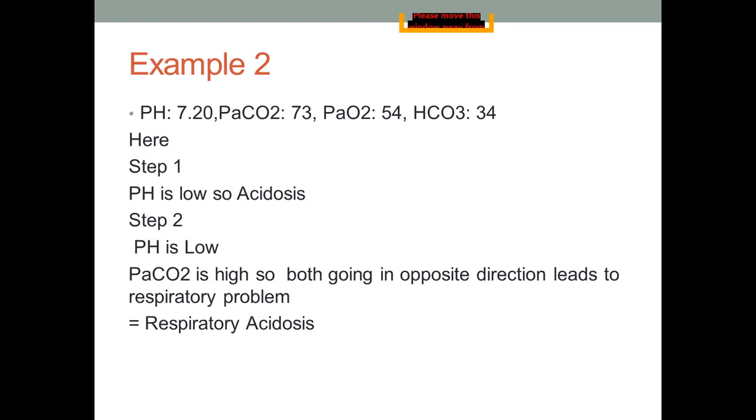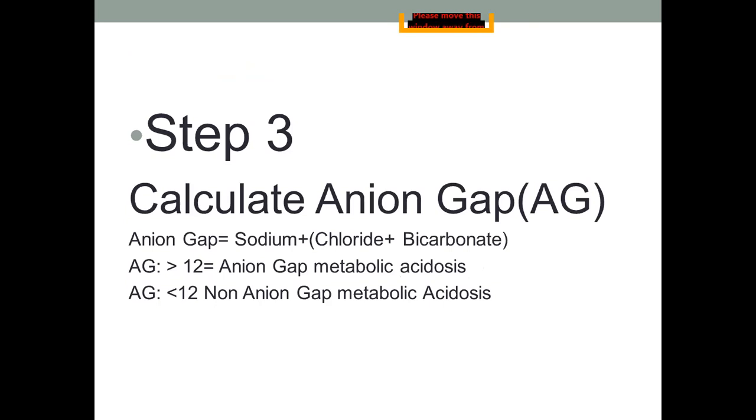Both are going in opposite directions. So the problem is respiratory. In example one the problem was metabolic because both were going in the same direction, while in this example these two values are going in opposite directions. So the patient has acidosis and that is due to a respiratory problem. So this is respiratory acidosis.